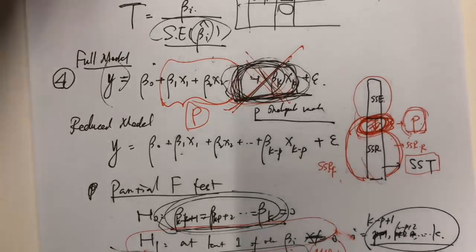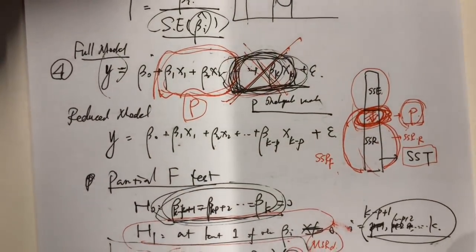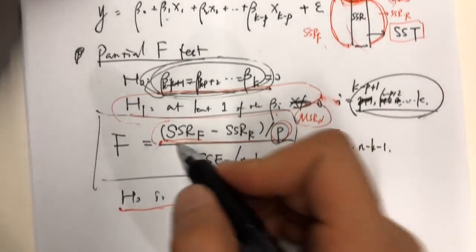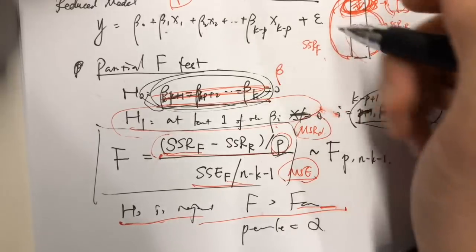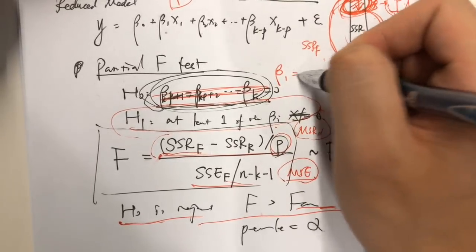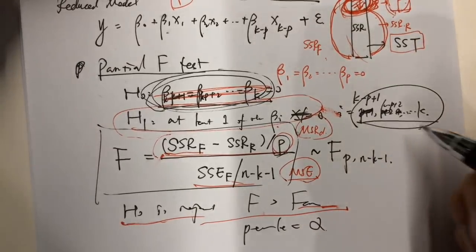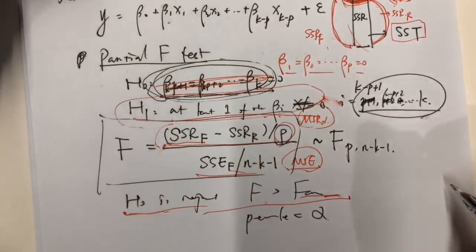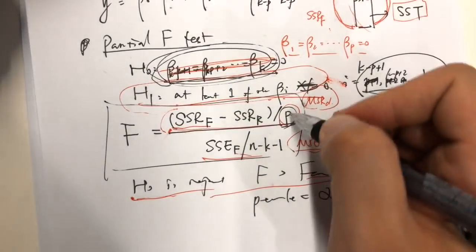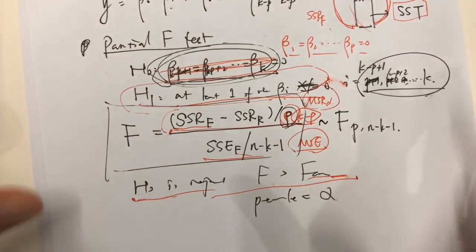Okay, if we define this part as P, then the null hypothesis should be beta 1 equals beta 2 equals beta P equals 0, right? And then the alternative is at least one of the beta i from 1 to P is not 0, okay? And here we should have K minus P. It's just the difference, right?